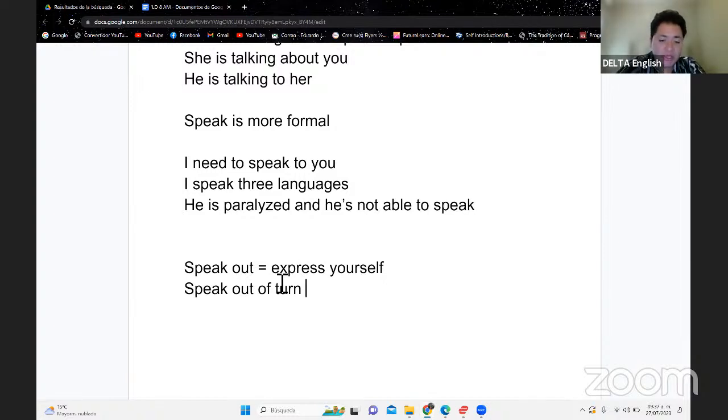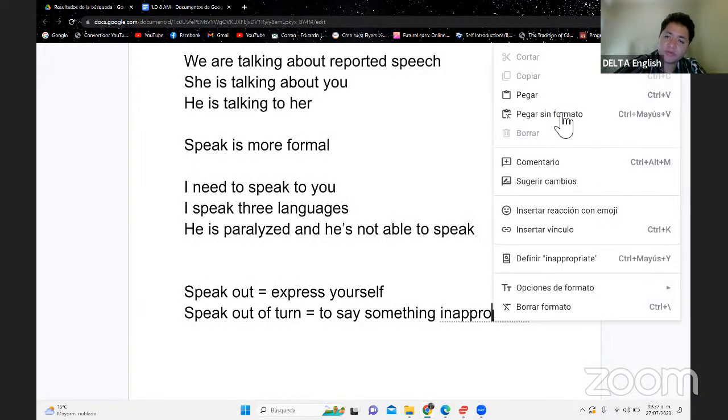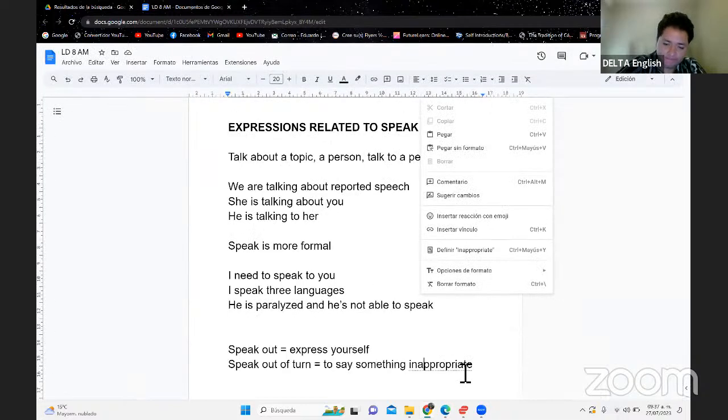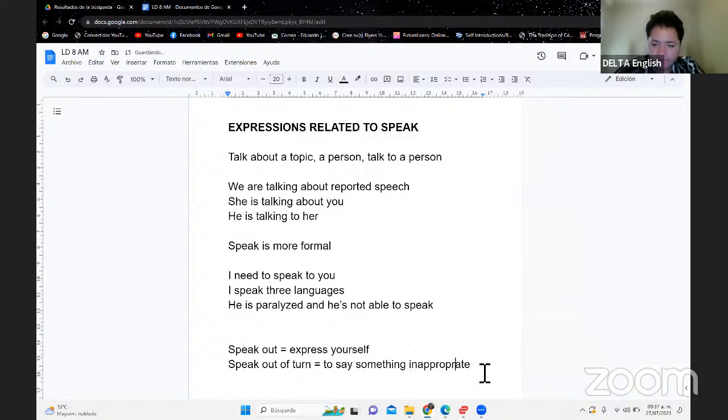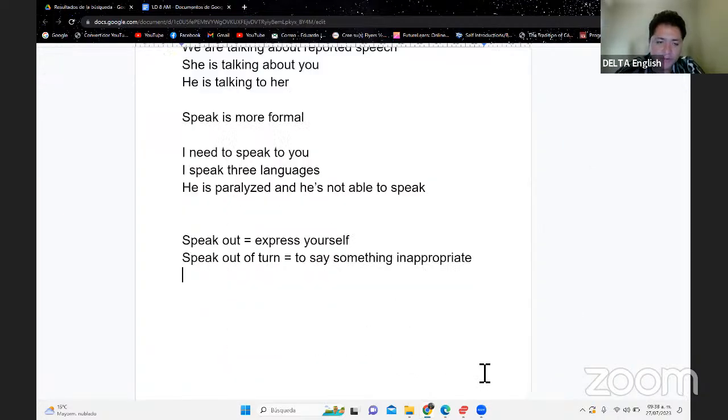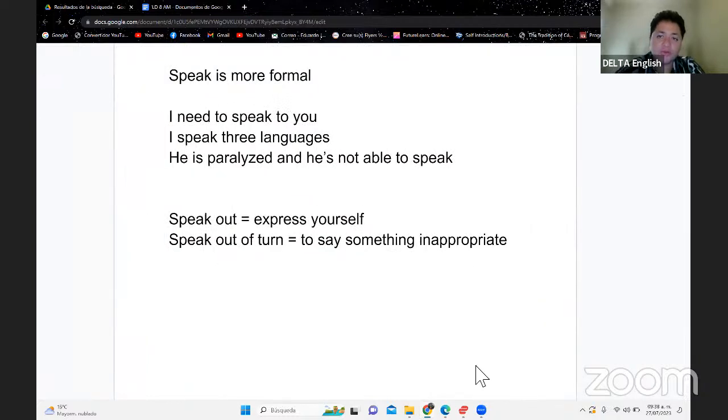So it means to say something inappropriate. Okay. So you speak out of turn cuando digamos se te sale alguna palabra o decir algo que no querías decir, algo inapropiado, algo incorrecto, so you say speak out of turn.